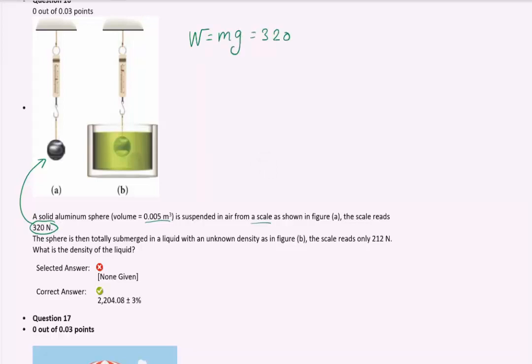The sphere is then totally submerged in a liquid. So when you put it in the liquid, of course, the apparent weight will decrease because the water applies an upward force, which is the buoyant force.